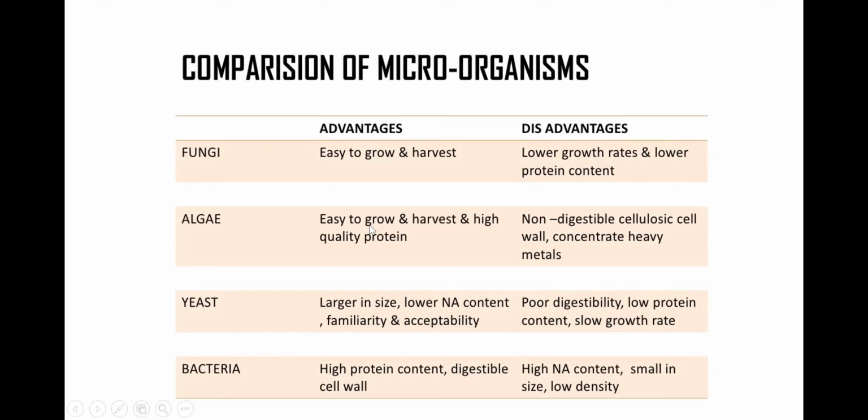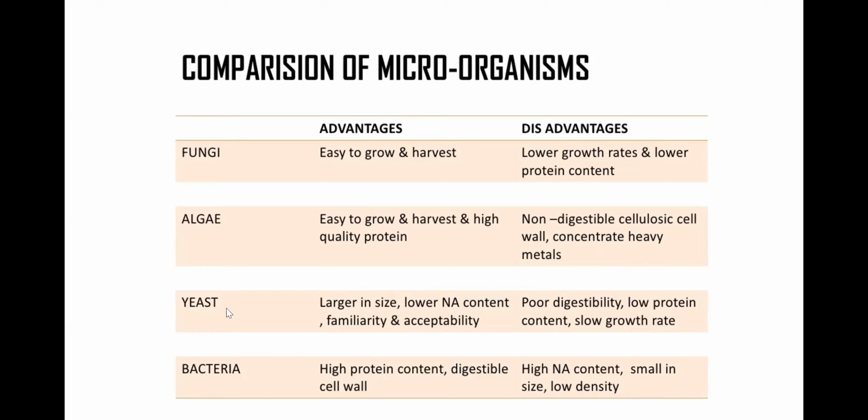Okay, for algae, it's easy to grow. The harvest yield is high. Yeah, but the disadvantage is that it also has a cellulosic cell wall, which is a little bit more difficult to digest as compared to, sorry, excuse me, other strains.